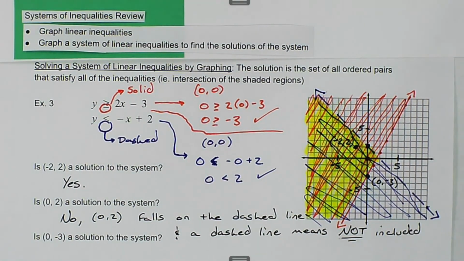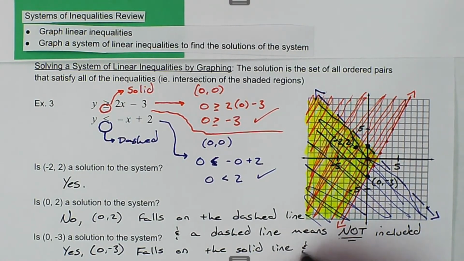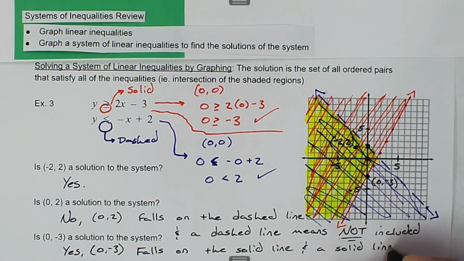And yes, this one is included. 0, -3 is included because that falls on the solid line. And a solid line means included.